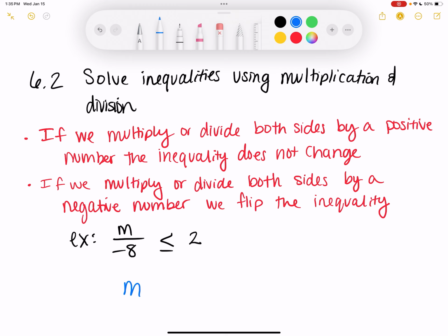Over here on this side, -8 times 2 is -16. But because I'm multiplying by a negative number, I flipped the inequality. So it was less than or equal to, now it's greater than or equal to. Okay, so if we multiply or divide by a negative, we flip the inequality.